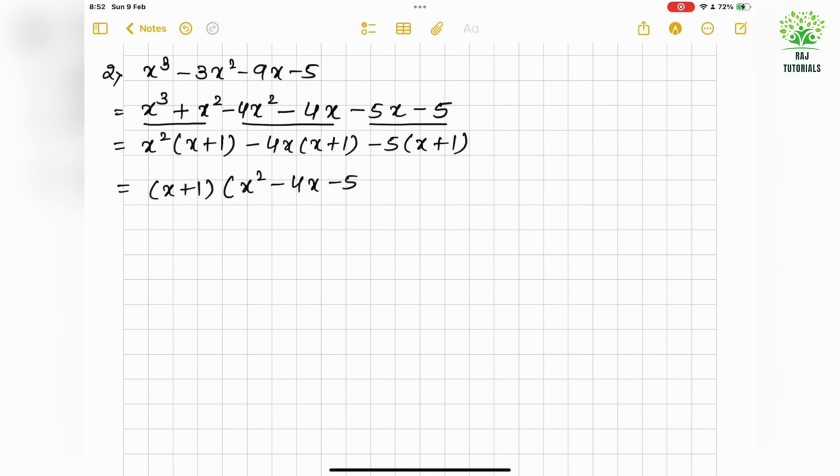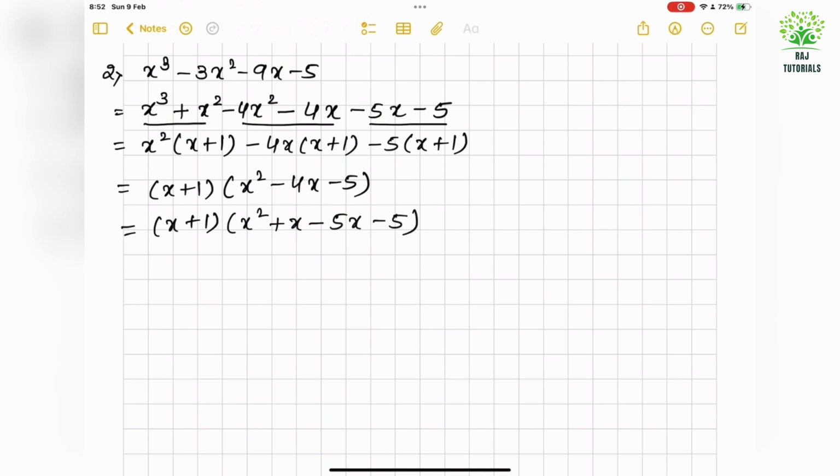Now this becomes a quadratic equation, x square minus 4x minus 5, so I can again split it up as x square plus x minus 5x minus 5. Minus 5, such factors whose sum is minus 4.